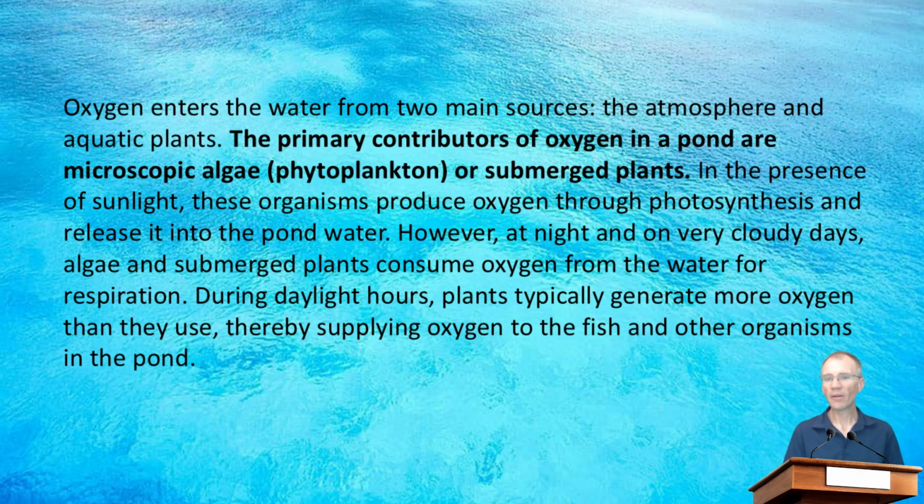The primary contributors of oxygen in a pond are microscopic algae, also known as phytoplankton, or submerged plants. In the presence of sunlight, these organisms produce oxygen through photosynthesis and release it into the pond water.